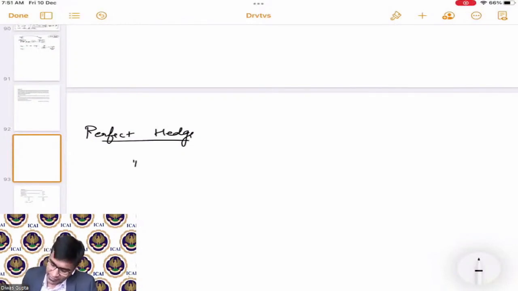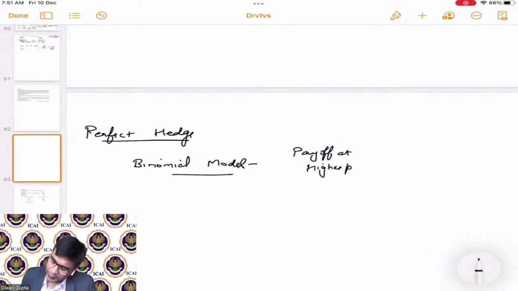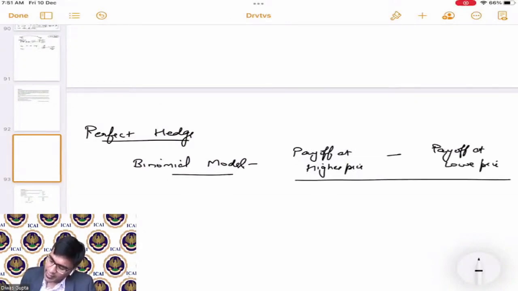Now, specifically for binomial model, in case the question is towards binomial model, the perfect hedge is given by payoff at higher price minus payoff at lower price, whole divided by higher price minus lower price.